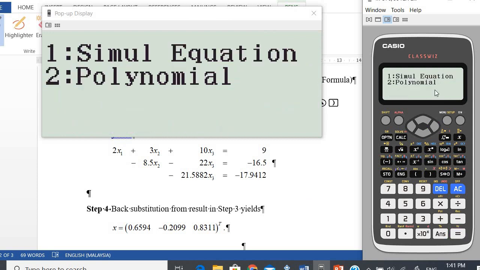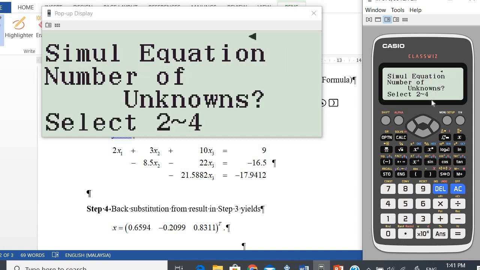Or from the last system that you obtained, you may input into the equation mode. Here, you are going to solve simultaneous equations. Number 1, 3 unknowns.